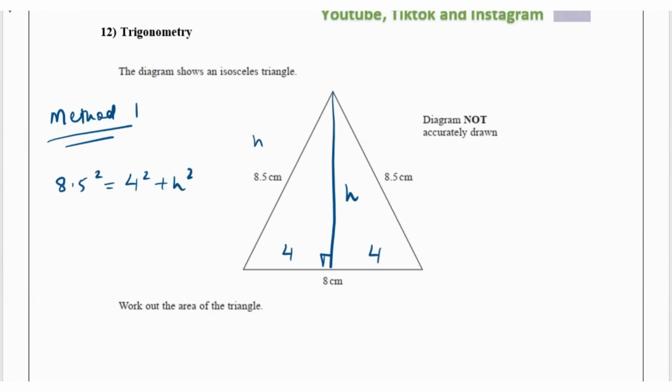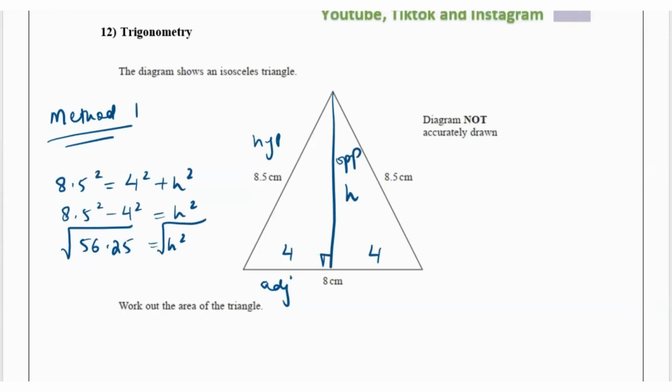In Pythagoras, it's hypotenuse squared equals adjacent squared plus opposite squared. So 8.5 squared minus 4 squared equals h squared, which is going to be 56.25. Then we take the square root on both sides. That's 7.5 centimeters for the height.